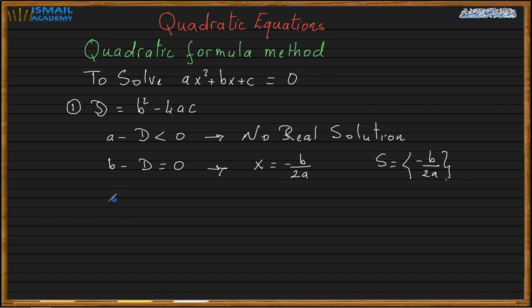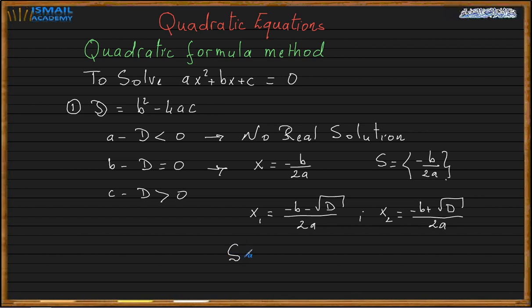And if d, the discriminant, is positive, then you have two distinct solutions. The first solution will be minus b minus the square root of the discriminant over twice a, and the second will be minus b plus the square root of the discriminant over twice a.